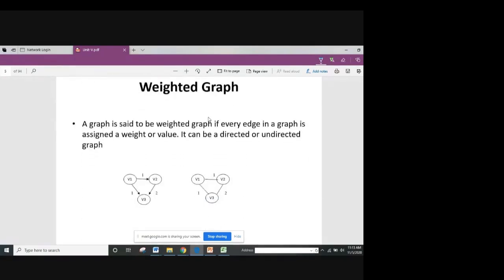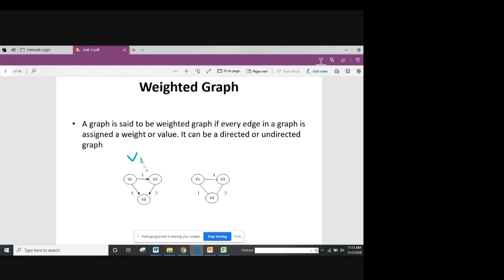Then weighted graph. Weighted graph means you assign some weights. If there is no weight, we will take it as 0 or infinity based upon the case. But if there is a weight, you should take the weight. V1 to V2 is 1, but V2 to V1 is not 1.